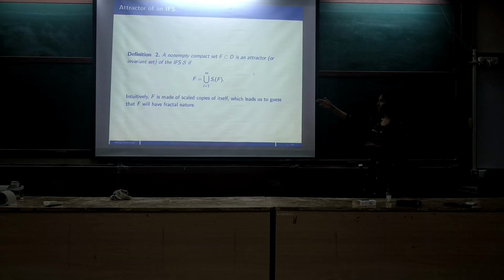And as you can see, if you iterate over and over again, the original fractal doesn't change. So it's basically made of scaled copies of itself. So F will have a sort of fractal nature, because, say in the previous example of the Cantor set, the more you zoomed in, the set just kept on halving. So it's a contraction, and you keep on doing it. So that is the fractal.